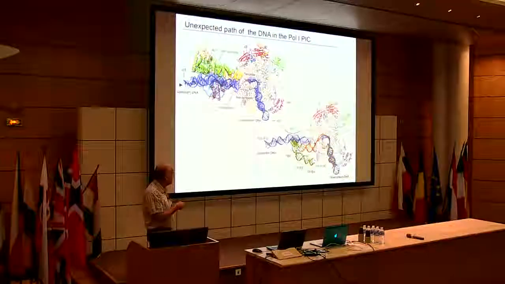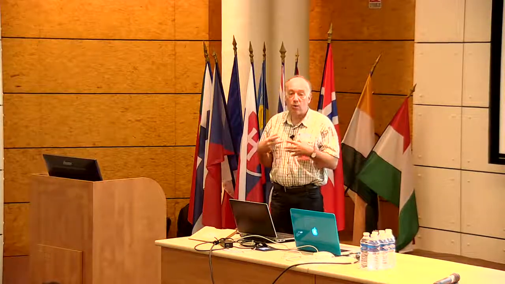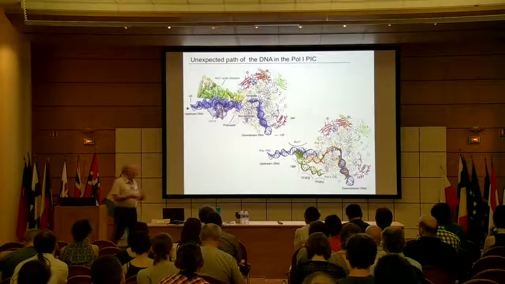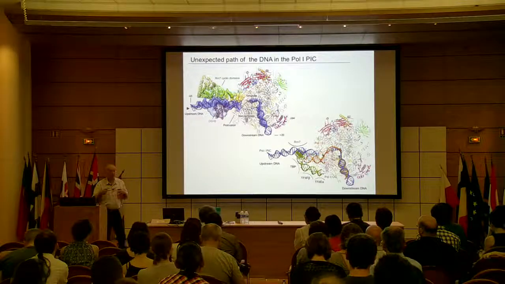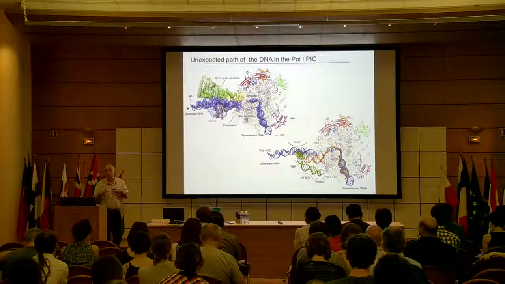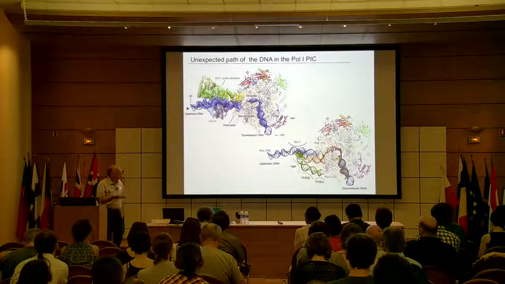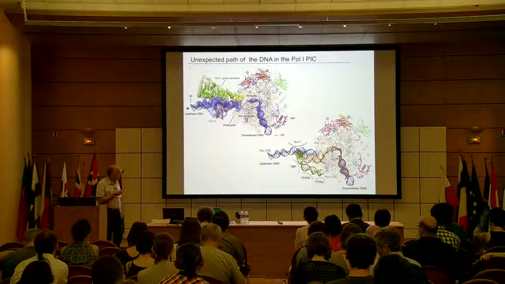Whereas in the pol 1 PIC, TF2B sits further outside, and the DNA runs in a position which is actually very similar to the DNA conformation which we see in the elongation complex. Again, we think this might be functionally relevant because pol 1 has to be very quickly ready to go, and so in the pol 1 pre-initiation complex, the DNA is already positioned to go immediately into the active center. But it's a situation which has been really unexpected and very different from the pol 2 pre-initiation complex which we saw before.